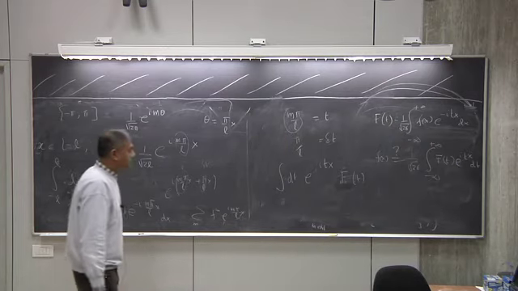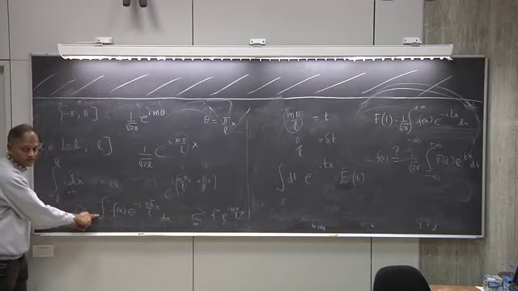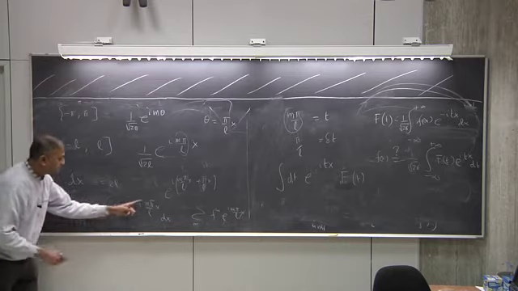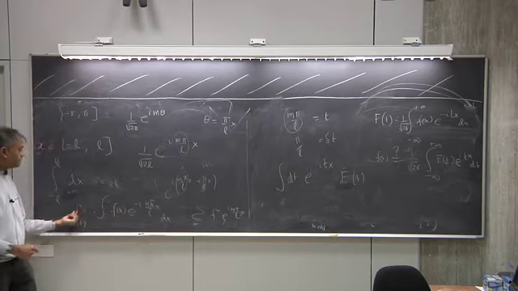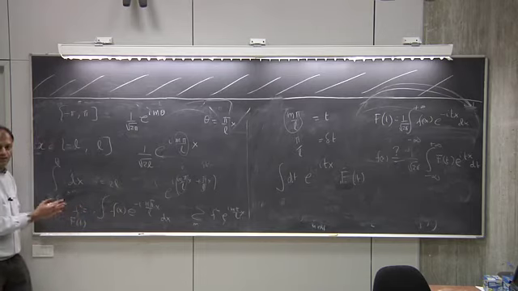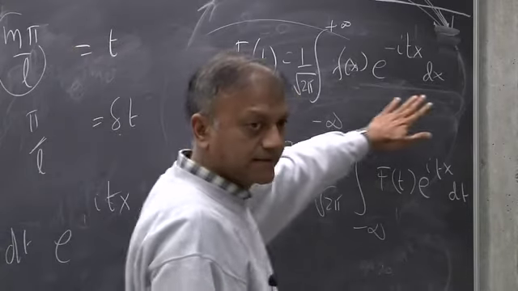So again, repeat. The first equation is analog of this equation. All I'm saying is that because I'm treating m pi by L as t, this f which depends on m will give you something which depends on t, so I call that capital F of t. So F of t I define like this.